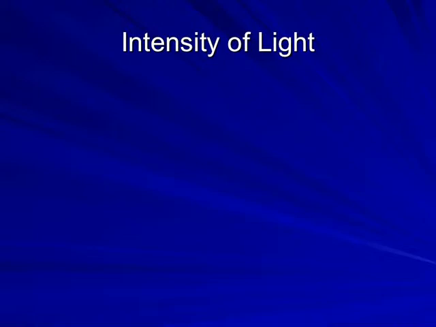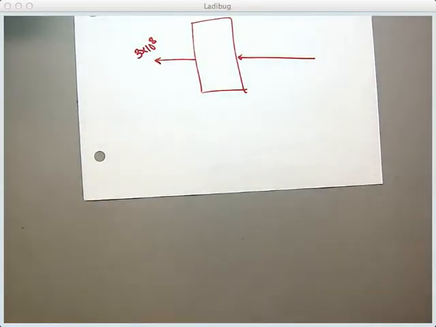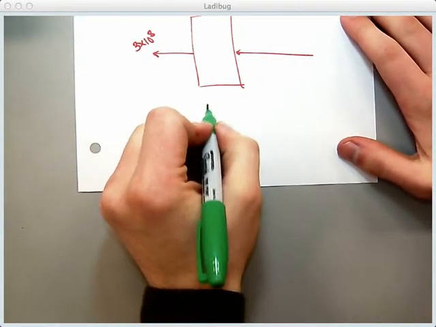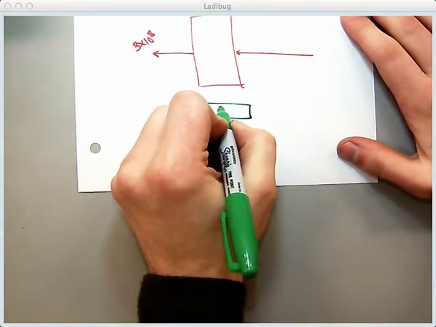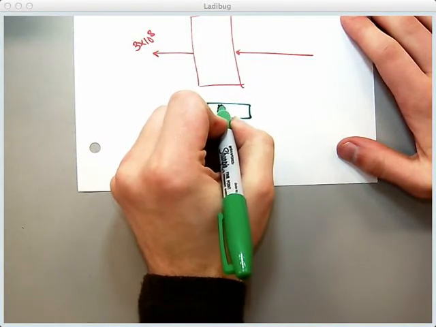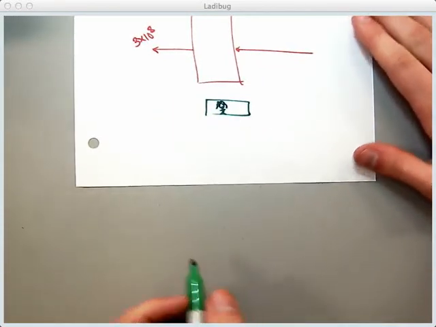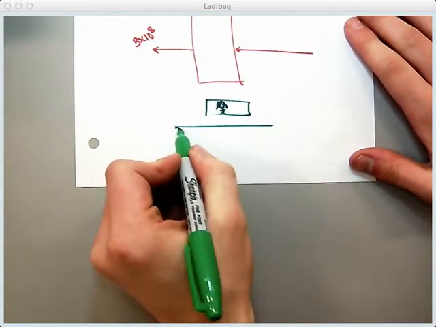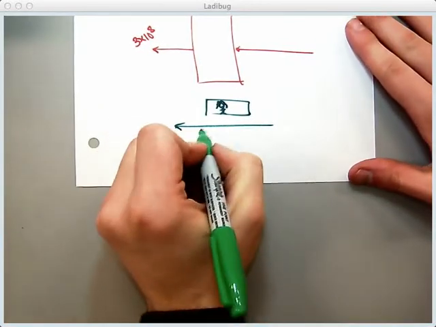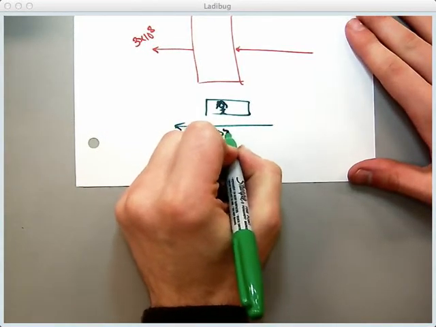So if I have a chica and an airplane here, and a beam of light passes past the airplane. Let's say the beam of light is going 3 times 10 to the 8th. We know that's the speed.